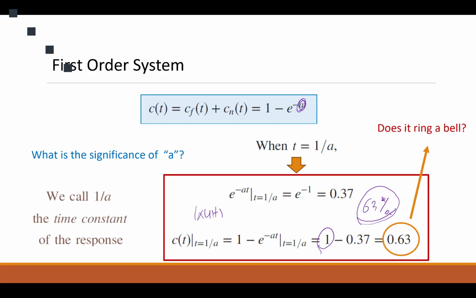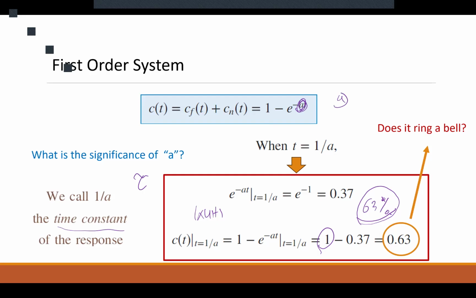It is the time constant of the system, the one that you normally call tau. Remember? In a first order system, whatever you have here as A, the coefficient of t in the power of the exponential, 1 over A is going to be the time constant of your system.